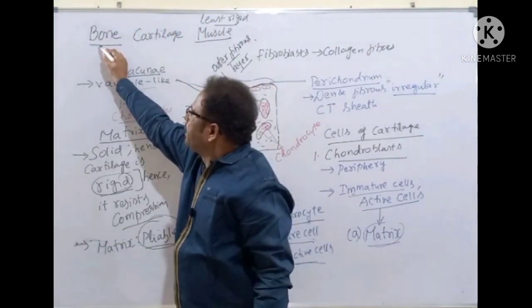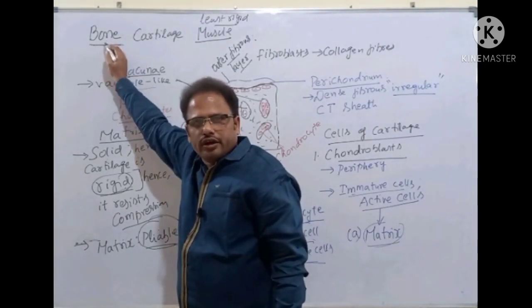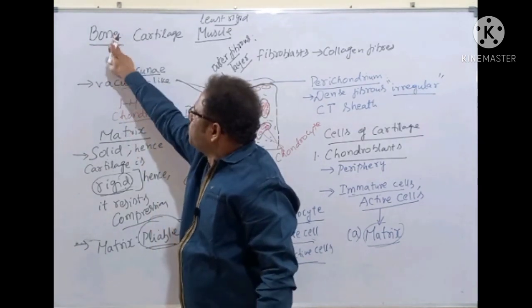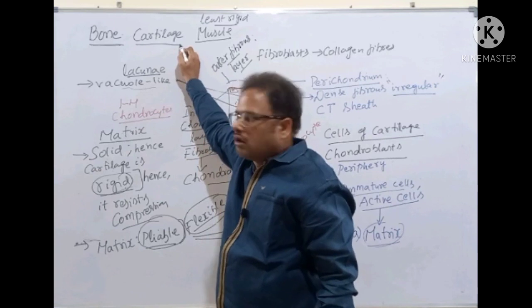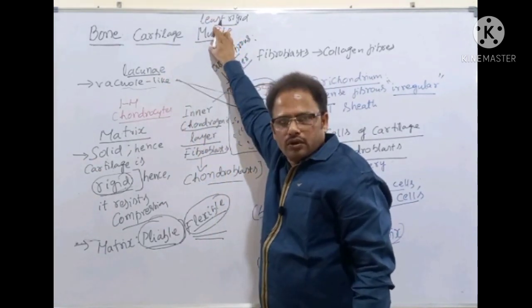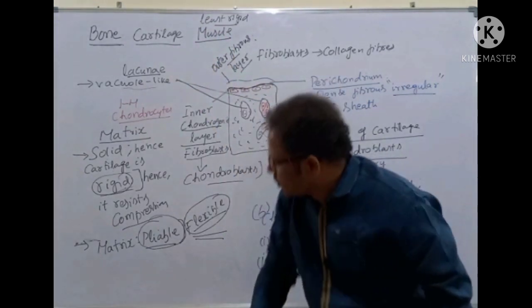When you compare the rigidity, bone is highly solid, highly rigid, very tough. Compared to bone, cartilage is a little bit flexible. Compared to cartilage, muscle is more flexible. You're following, students? So these are the various properties of cartilage.